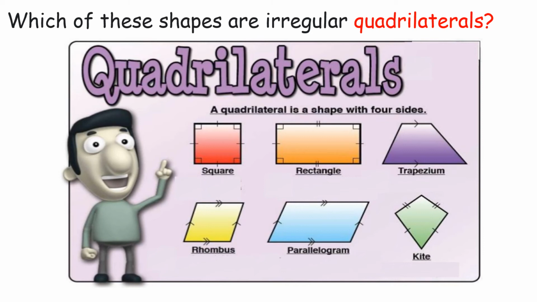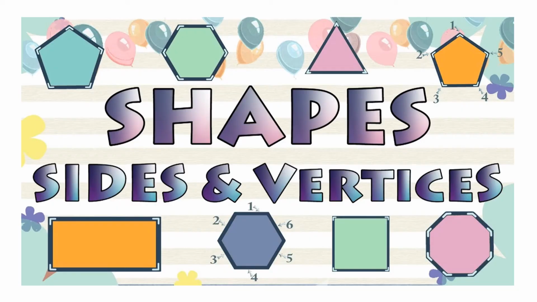If we know now that a square is a regular quadrilateral, which of these shapes would be irregular quadrilaterals? A rectangle, a trapezium, a rhombus, a parallelogram, and a kite. All of these are irregular quadrilaterals because their sides and angles are not the same.